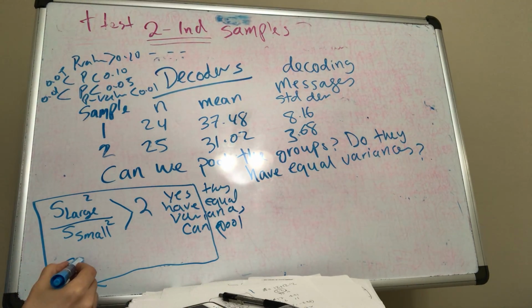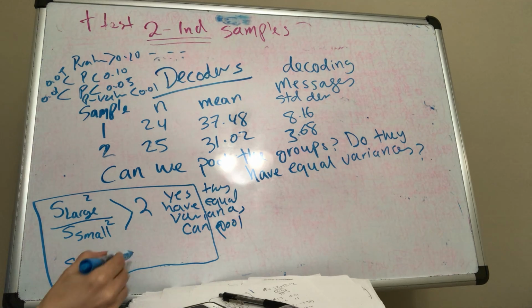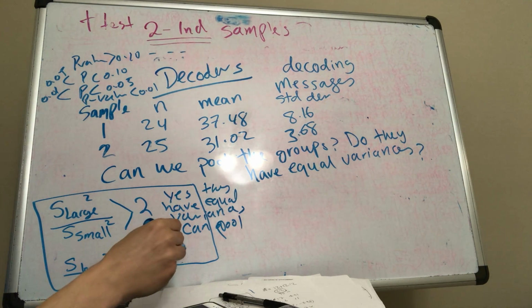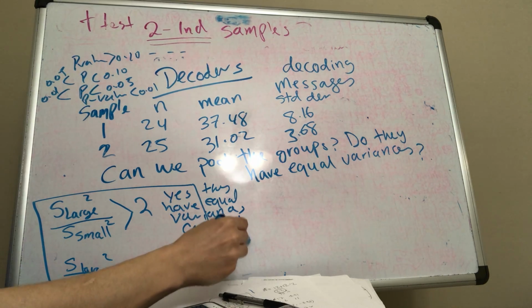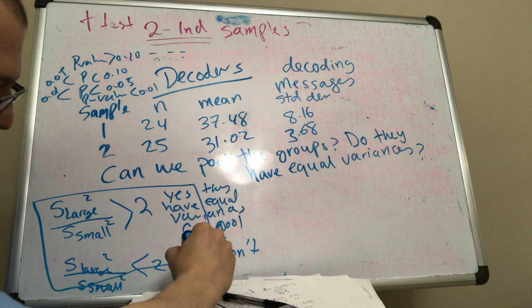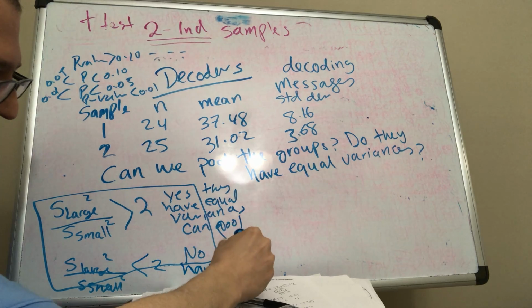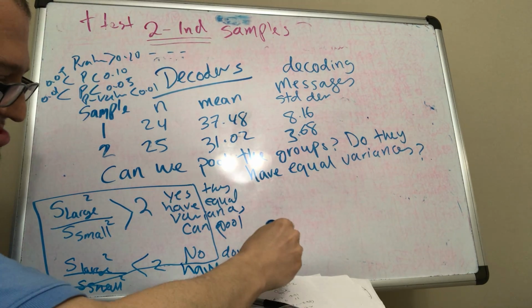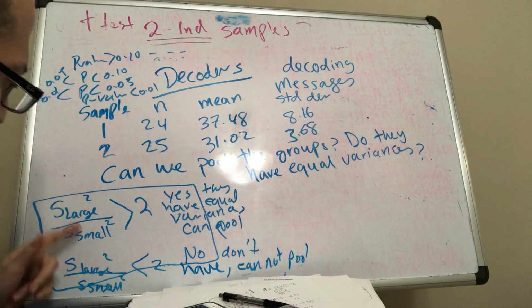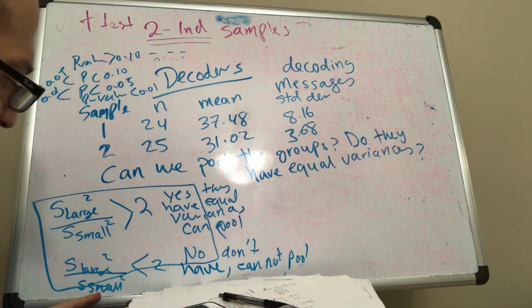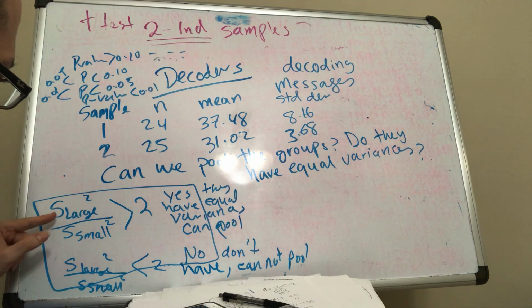If you take S large squared over S small squared, and it's less than 2, no, don't have equal variances, cannot pool.